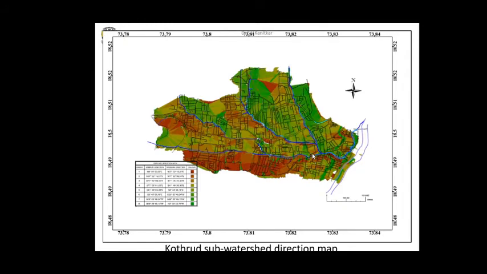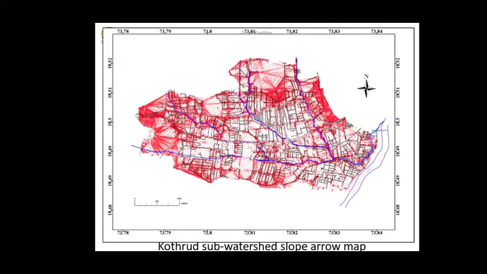Here is your direction map, so different directions, and based on this direction, these are slope arrows, which is a very nice tool in Civil 3D, wherein you can zoom in and actually see how the slopes are, and that helps you to decide how the network is to be designed and what should be the direction of pipe slope. So this is also helpful while designing. You can also delineate micro catchments manually, because you know how the slope is varying, and accordingly you create your own small micro catchments.